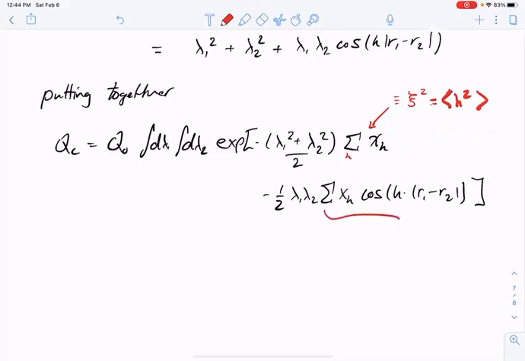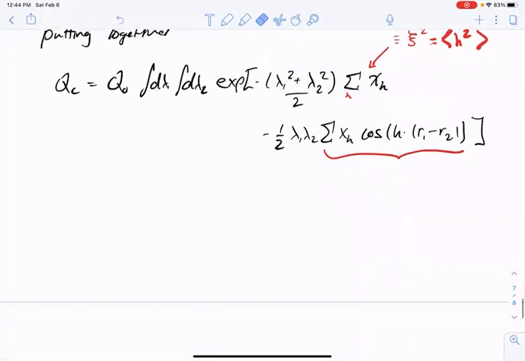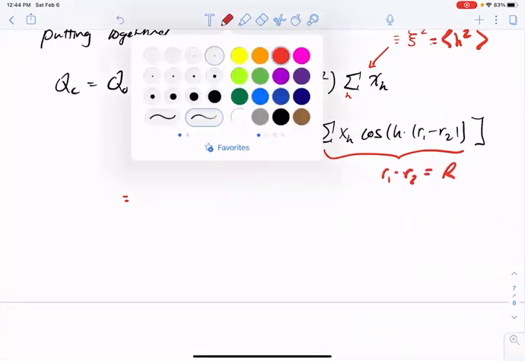This function here is a Fourier transform of a function of a separation distance. If we were to pull that out, let's call the distance between R1 and R2 some capital R, as denoted in the diagram before.